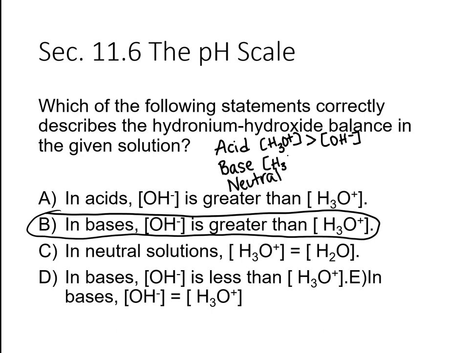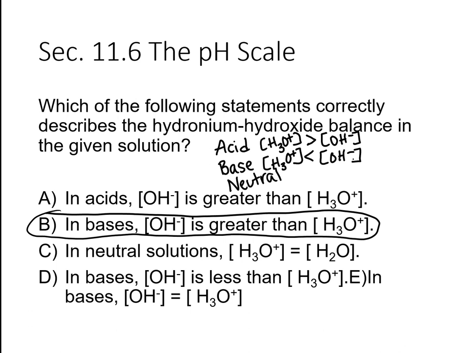If that's what it is for an acid, then the opposite has got to be true for a base. So acids, that means that you're dissociating and making hydronium ions, since you're making more hydronium than you are hydroxide. That's just the definition of an acid.